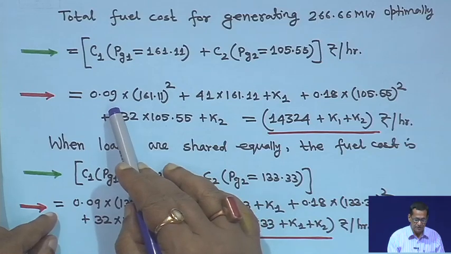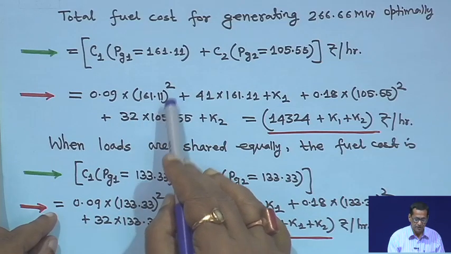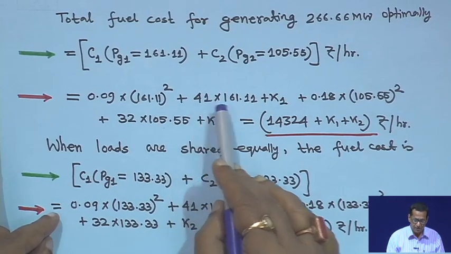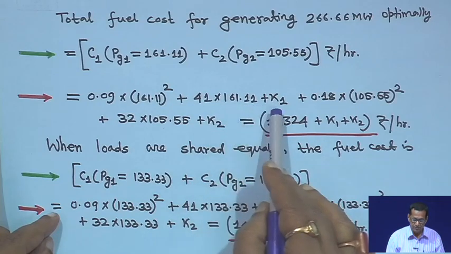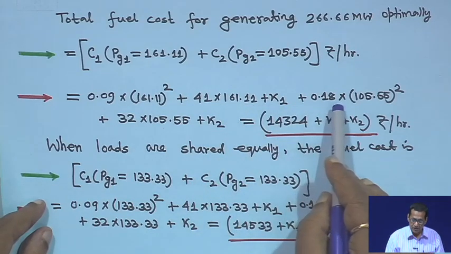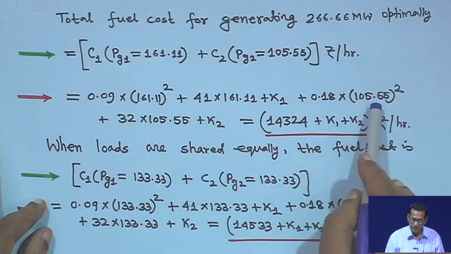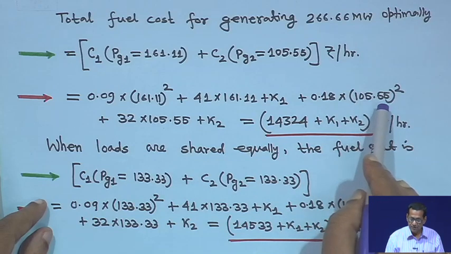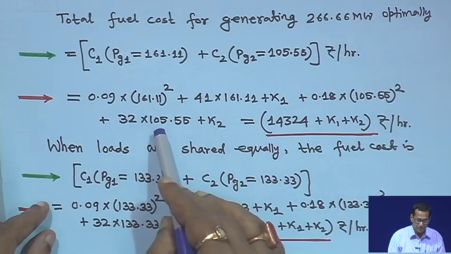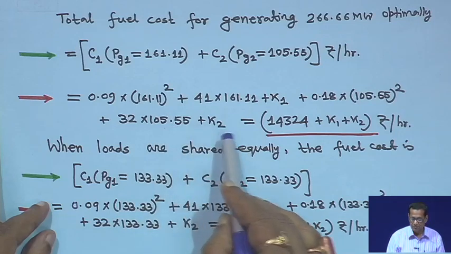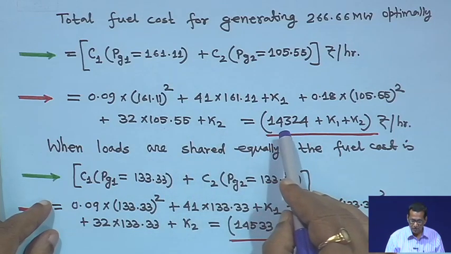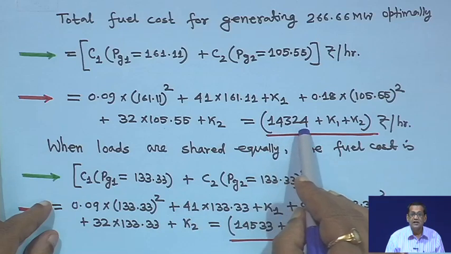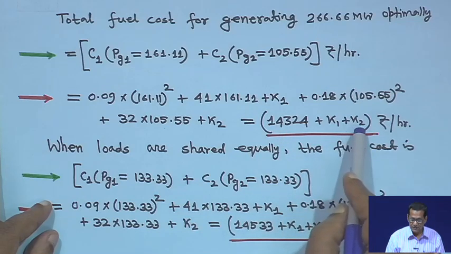So, it will become 0.09 into 161.11 square plus 41 into 161.11 plus K1 plus 0.18 into 105.55 square plus 32 into 105.55 plus K2, that is equal to 14,324 plus K1 plus K2 rupees per hour.